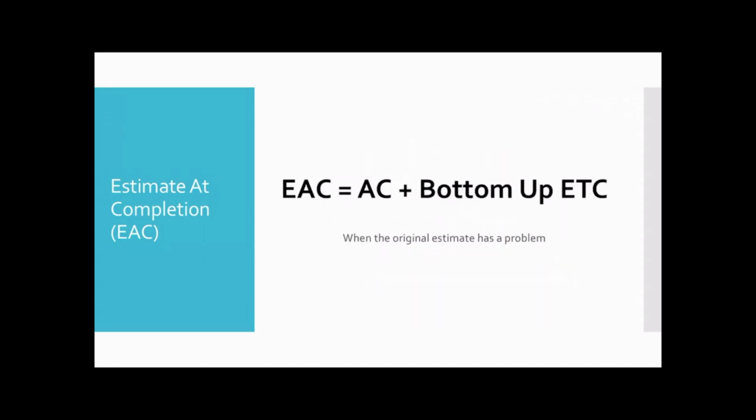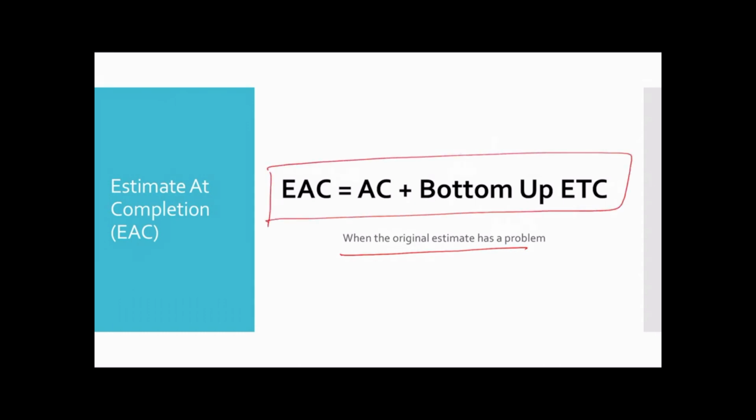Next, another way, if your project has been totally messed up, your CPI or your CV or your SPI, if your CV is less than 0.7 or SV is less than 0.7, it's like you're going to less than 70%, the project is going to fail. So at that time, use estimate at completion as actual cost plus bottom-up estimate. This is like new estimates coming in.